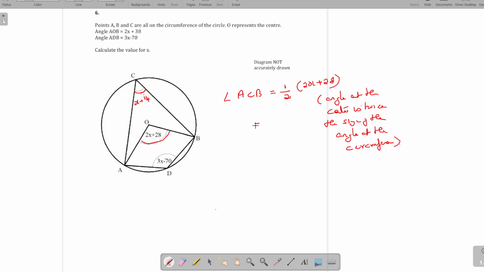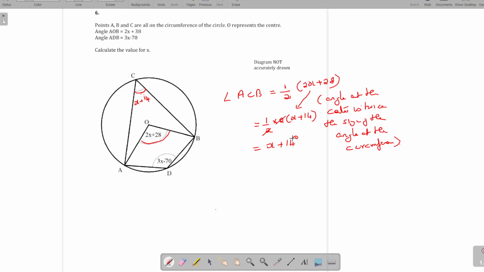Right, so we can simplify that. We take 2 out, x plus 14 is factorizing, right? So 2 and 2 get cancelled, so it's x plus 14. So we know that angle.